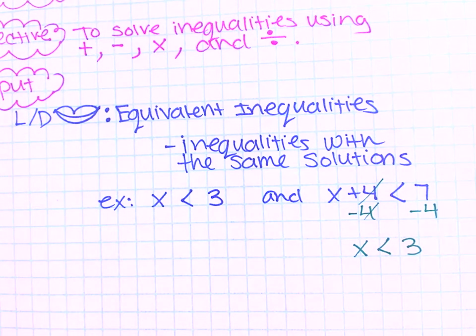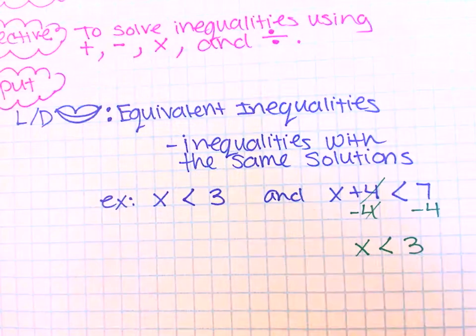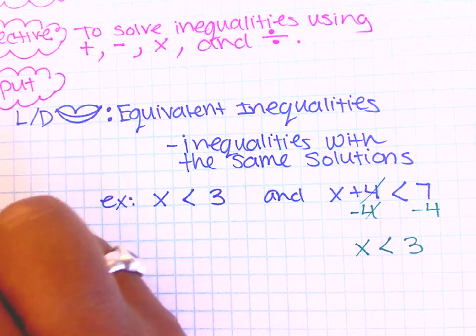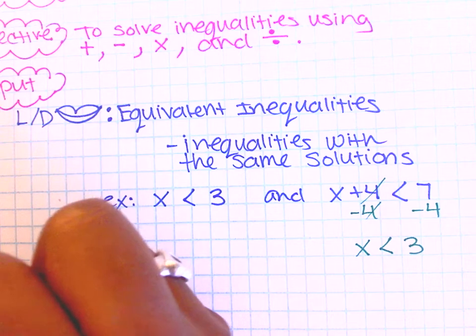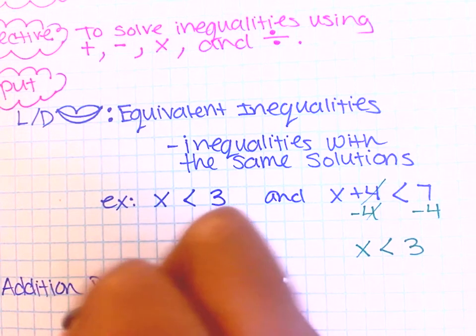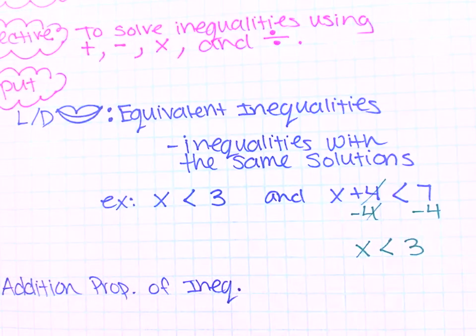Awesome. All right, we're going to be writing a little bit because we need to know some properties, okay? So the first property is called the addition property of inequalities. Addition, I'm going to put prop for short, of inequalities.